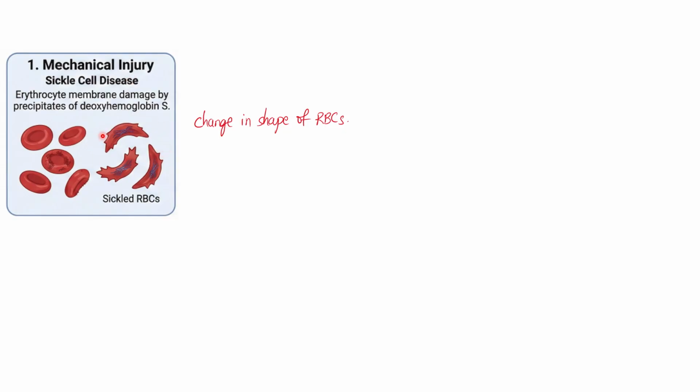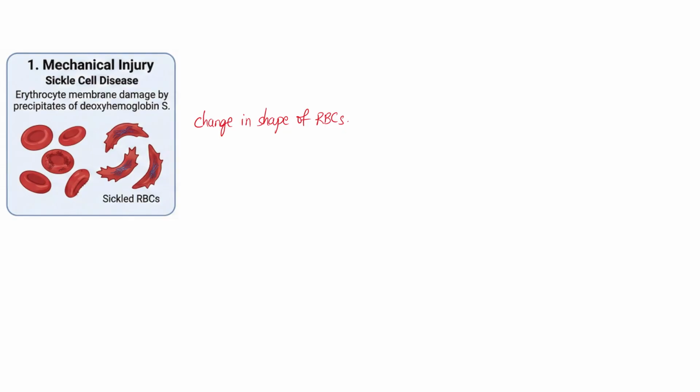So with mechanical injury, the erythrocyte membrane gets damaged by the precipitates of deoxyhemoglobin. Because of that, the shape of the RBCs is changed, and the lifespan of the RBCs is changed. So one is mechanical injury.